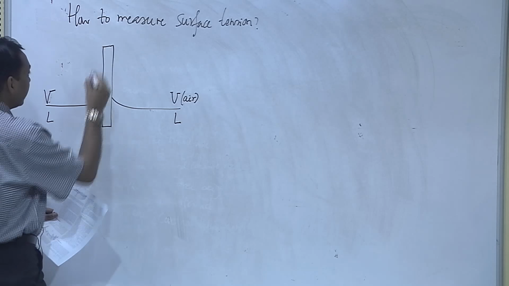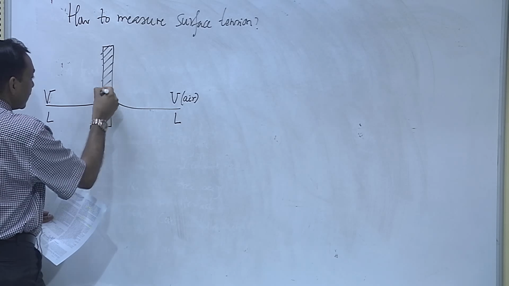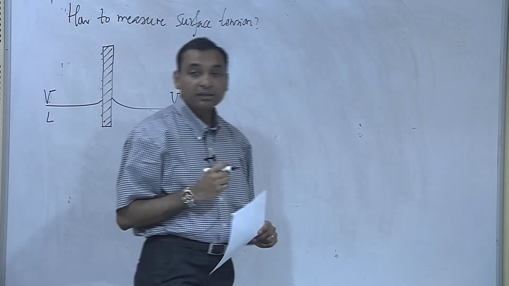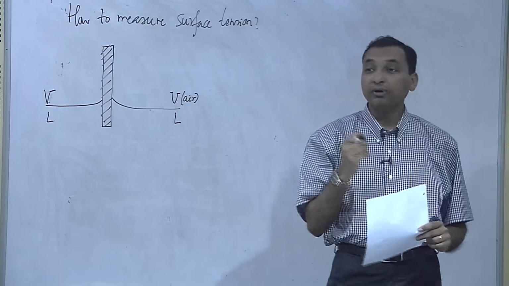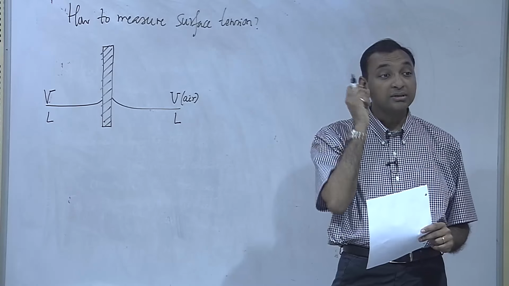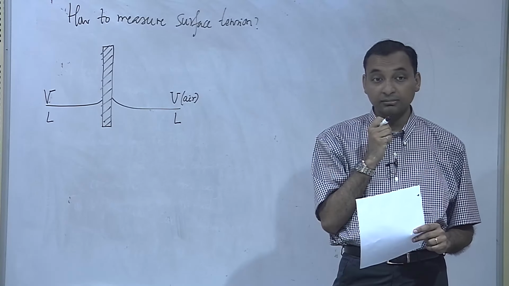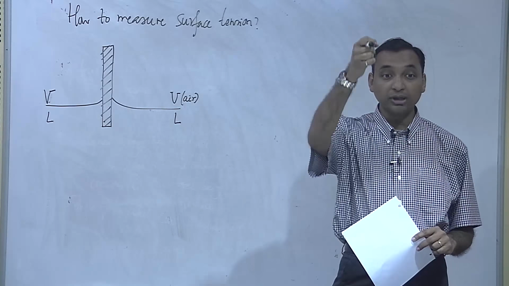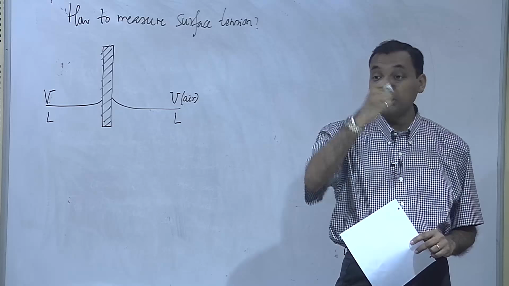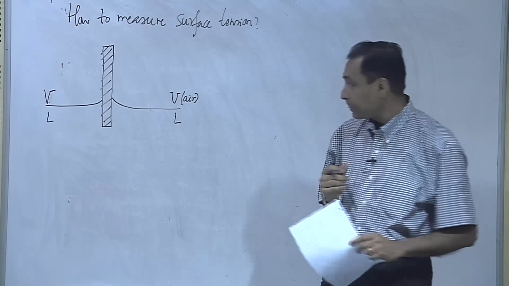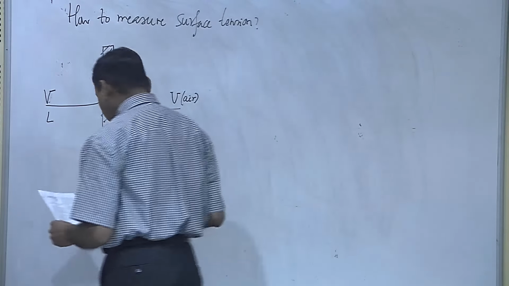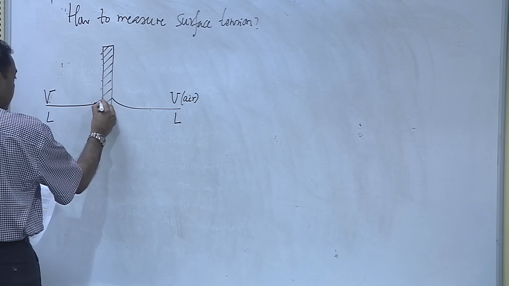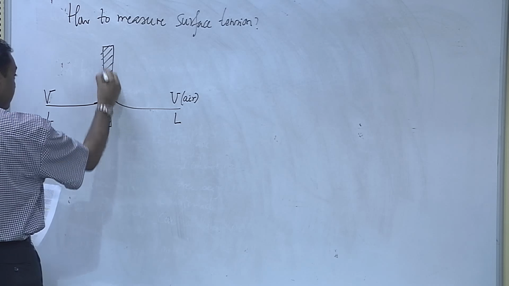So, if I have a plate and if I want to withdraw the plate, the force that is required to withdraw the plate should give us the measure of the surface tension. Okay? So, think of it, you have a bucket of water, you have dipped a plate and you want to pull that plate. So, that will give us the measure. How? Okay? So, at the interface, this is the solid, this is the plate.